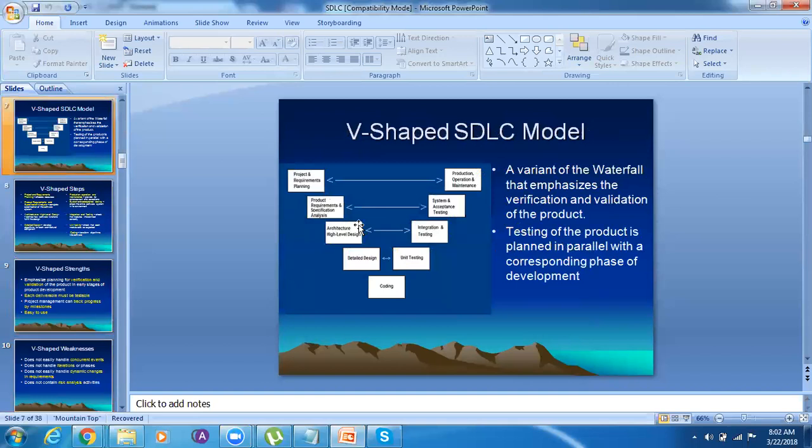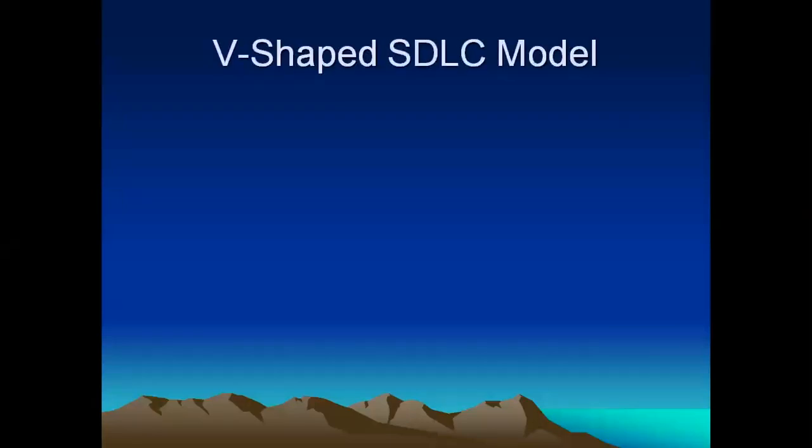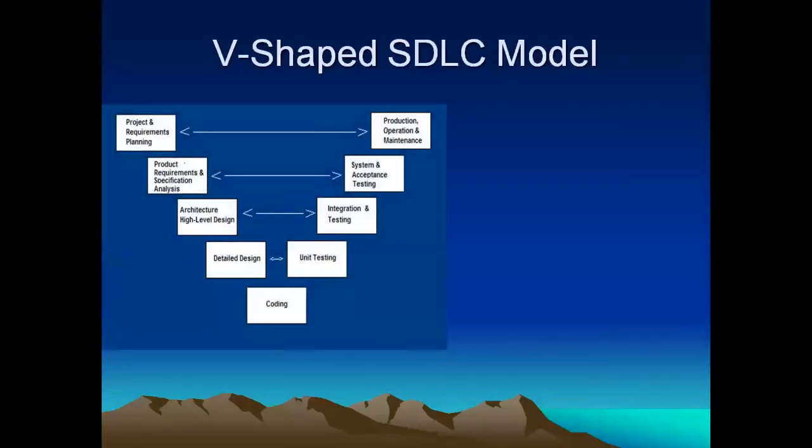The V-shape model is the most important thing, and you will get a lot of questions in interviews like what is a V model and how it works. In the waterfall model, the requirement cycle is completed, then requirement analysis, then designing, then detailed designing, then coding, then testing, then release, then UAT and all, then maintenance.